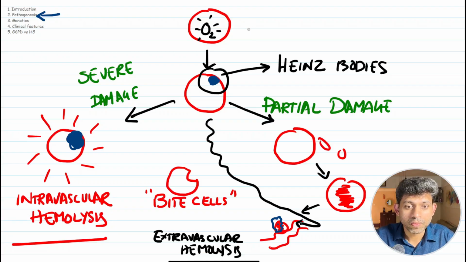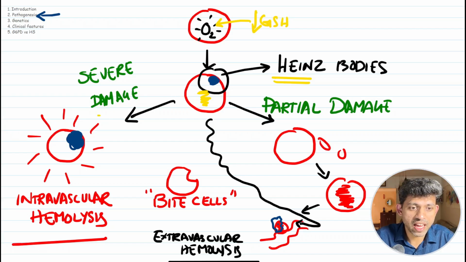So till now, we saw that there is not enough glutathione in G6PD deficiency. So oxidative stress inside RBCs is very high and hemoglobin denaturation occurs, which leads to the production of Heinz bodies. If this leads to severe damage of RBCs, intravascular hemolysis occurs.